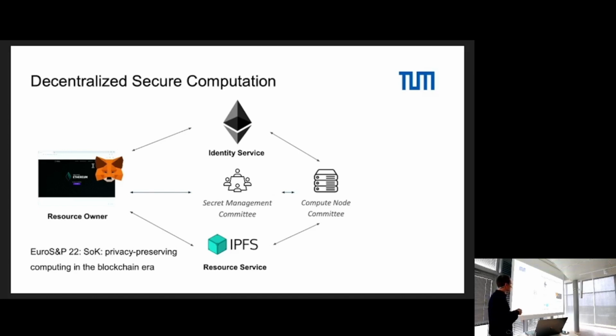There are multiple technologies to implement secure computation. There is fully homomorphic encryption, for example. There are trusted enclaves, and there is multi-party computation. These are the three main concepts that achieve secure computation. They have some trade-offs. For example, trusted enclaves are very efficient, scalable and fast. However, they are centralized.